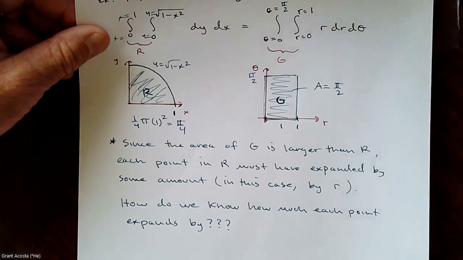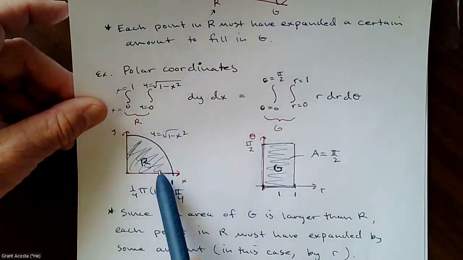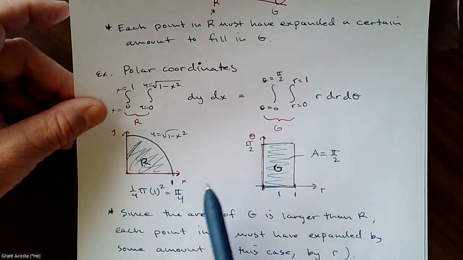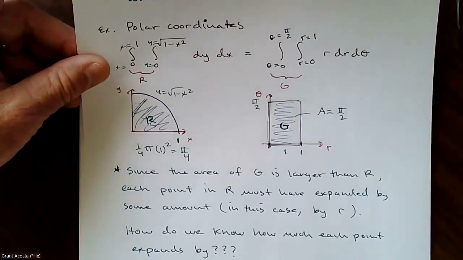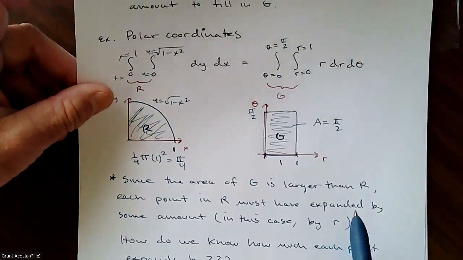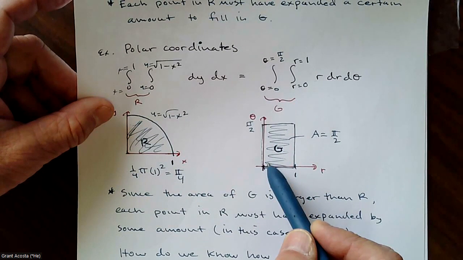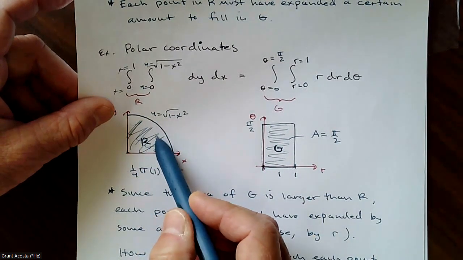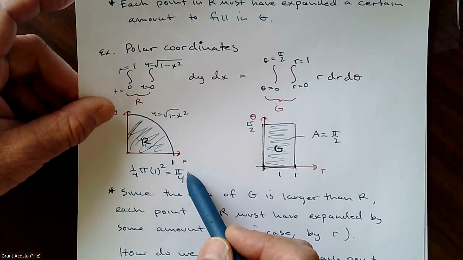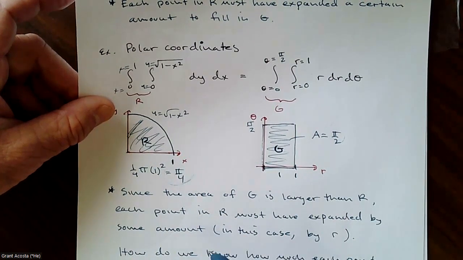And in this case, that amount is this extra r right here, accounting for the change in area from R to G of each point in there. So one way to think of it in this case is, if r is the distance to the origin, then the further r out, the bigger the expansion of area. Anyhow, it all balances out. So it looks like, in fact, that this area is exactly double this area.